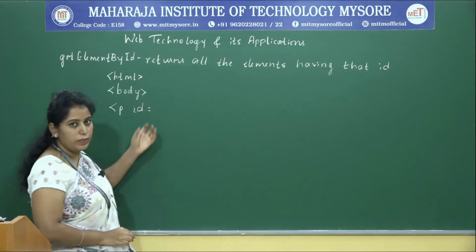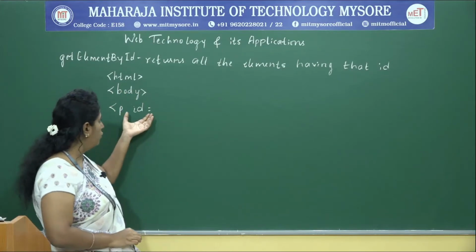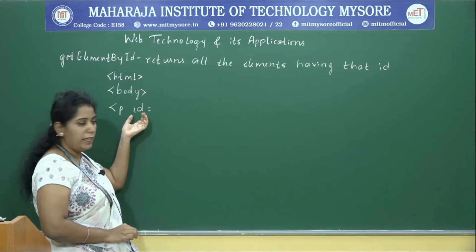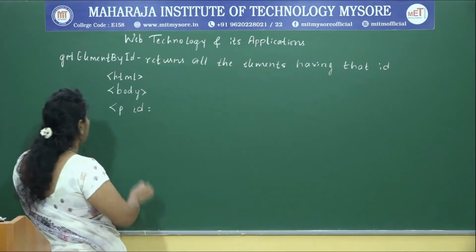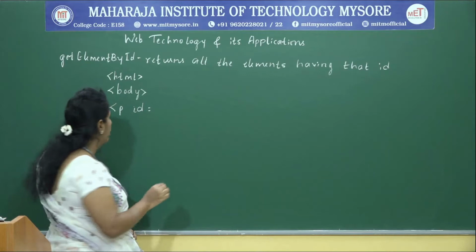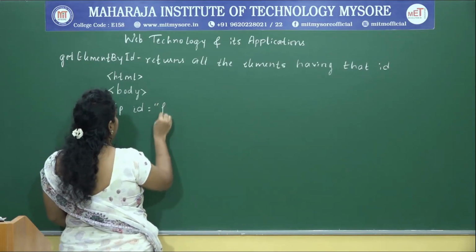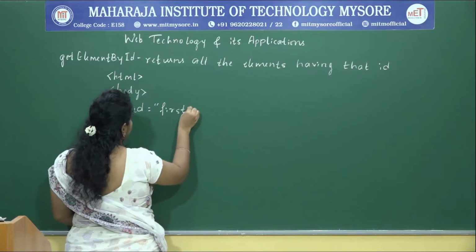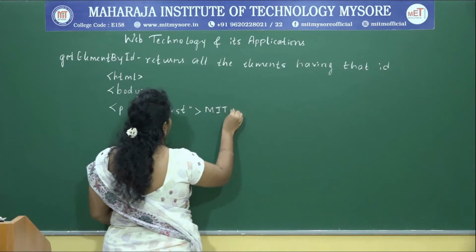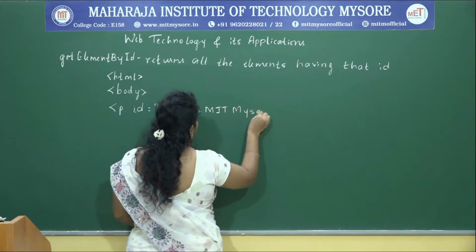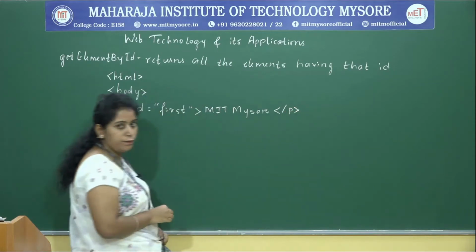In order to illustrate the ID-based concept, we have to give the attribute ID to an element. So I have taken an element p, id equal to first, and the message is MIT Mysore. Close the paragraph.